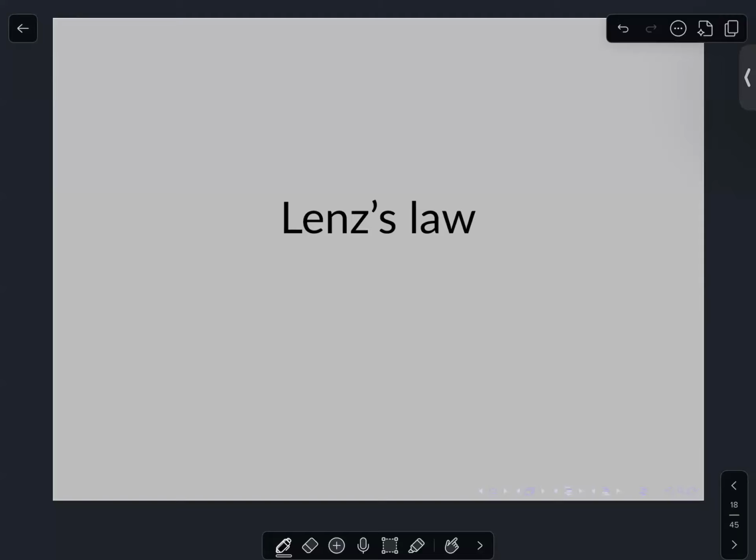The magnitude, delta phi over delta t, is more or less straightforward once you understand what phi means. The direction is a 4-step process. That's why I have you here. You have to have the mental energy because of the MCAT. These 4 steps, it's good for you to see them multiple times.